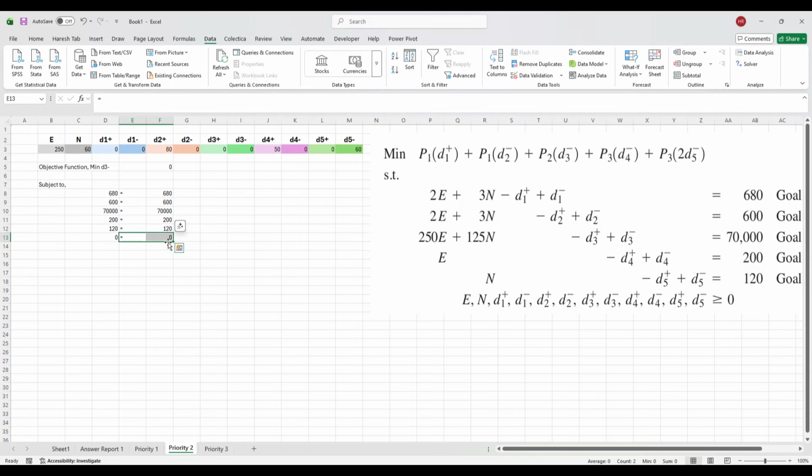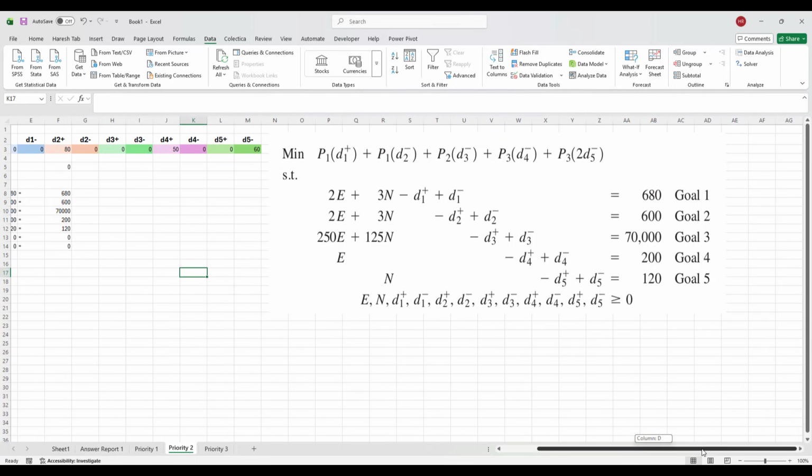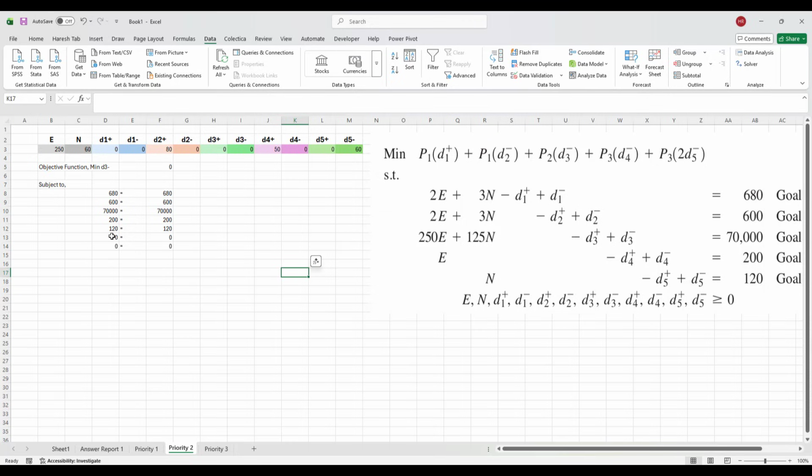I'll copy this down, and my second one is D2 minus, which is equal to D2 minus. I am going to force these two equations because we have already achieved them. We call this maintaining the achievement. These equations are maintaining the achievement.